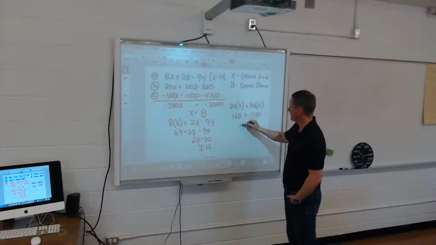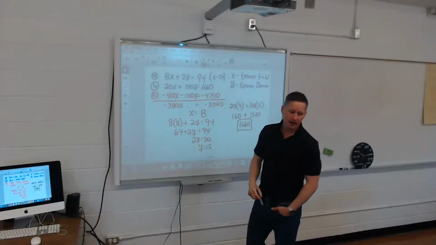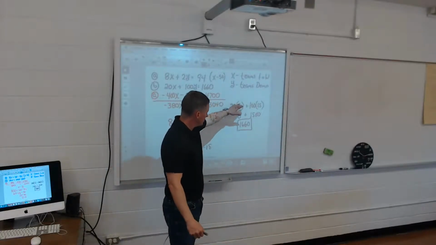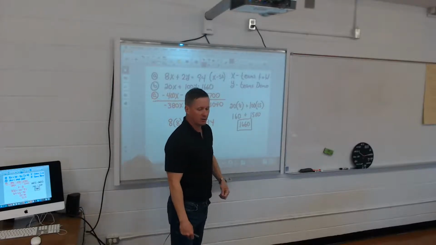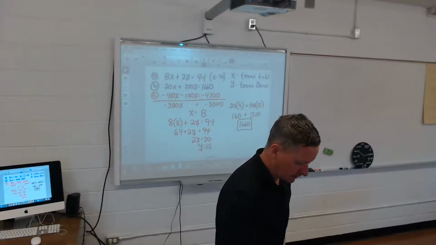And I add those together. And I know I've got it right. Again, you can check your solution by putting it into one of the equations, the one I didn't use to solve, to make sure it's right. Or you could graph it using your Desmos calculator.